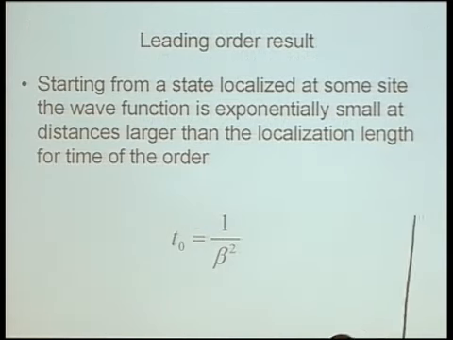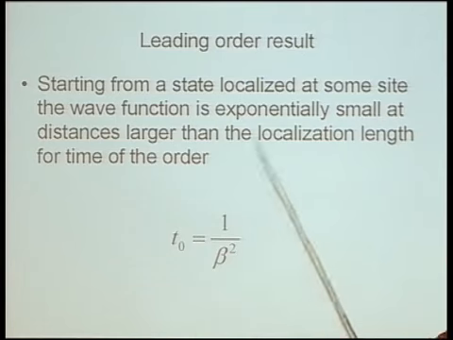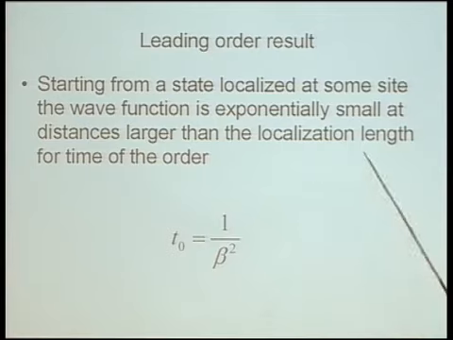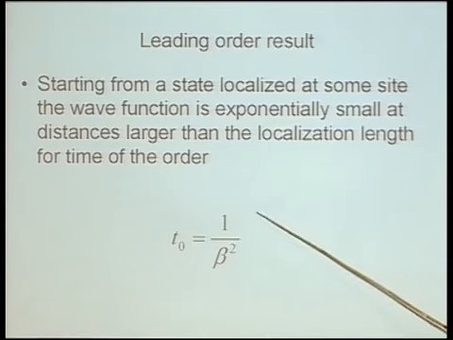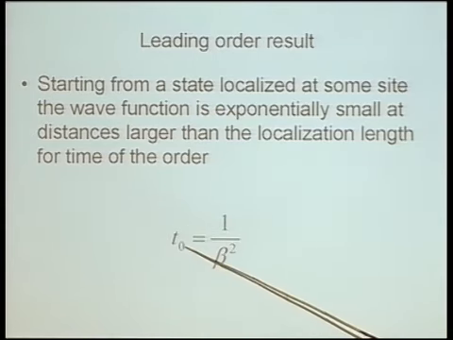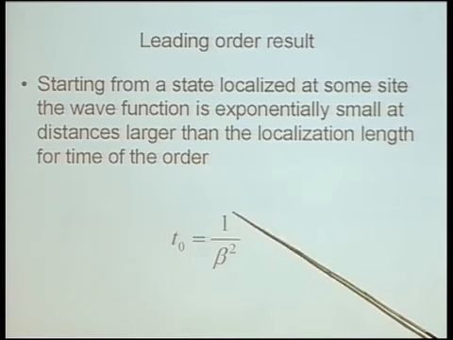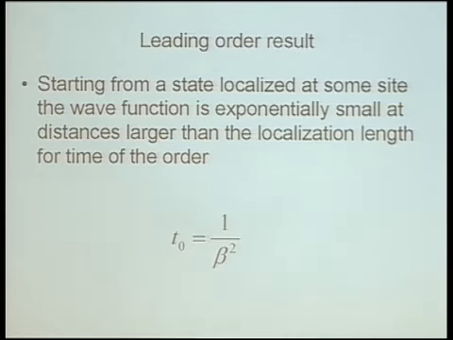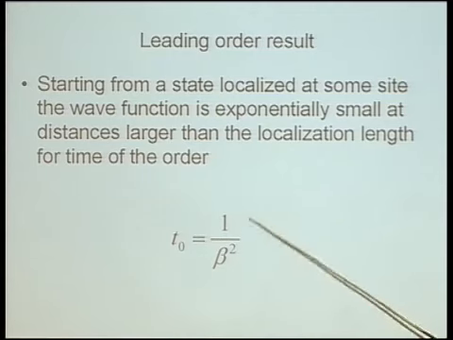Okay, now from the leading order, the result that we can obtain at the moment rigorously, I think to the satisfaction of all mathematicians, is that for a time that is shorter than 1 over beta squared, and there is a constant here that, well, it may be complicated, exponential localization is preserved.